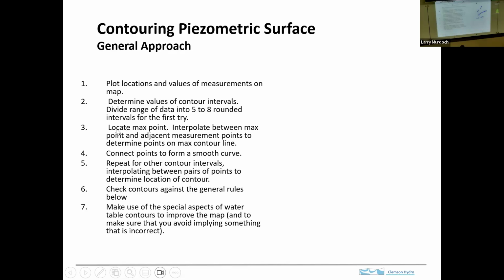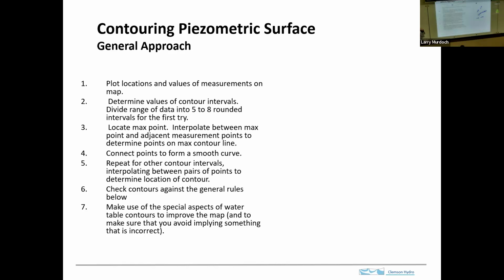The way to determine that is to look at the max value and the min value, and divide that up into rounded intervals. So if the max is 100 and the min is 0, then I would go with an interval of 20. That'll give you 5 different contours. That's a good number to start with.